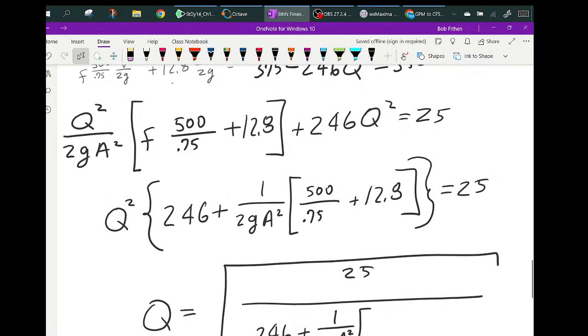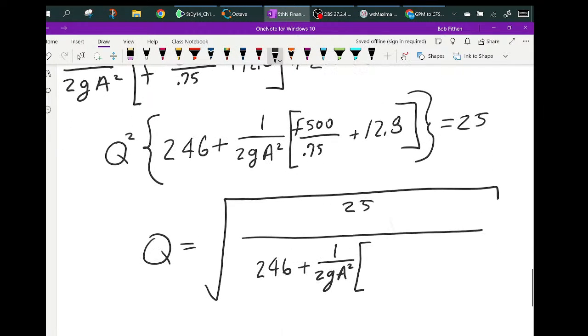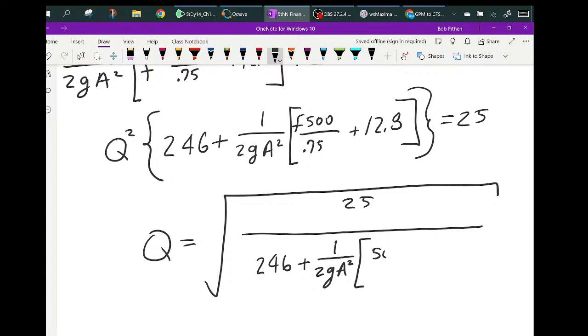I'm sorry, I forgot the F right here. 500F over 0.75, that's the diameter, 12.8. And let's stare at that a minute, and what we'll discover is there's nothing really else left there.